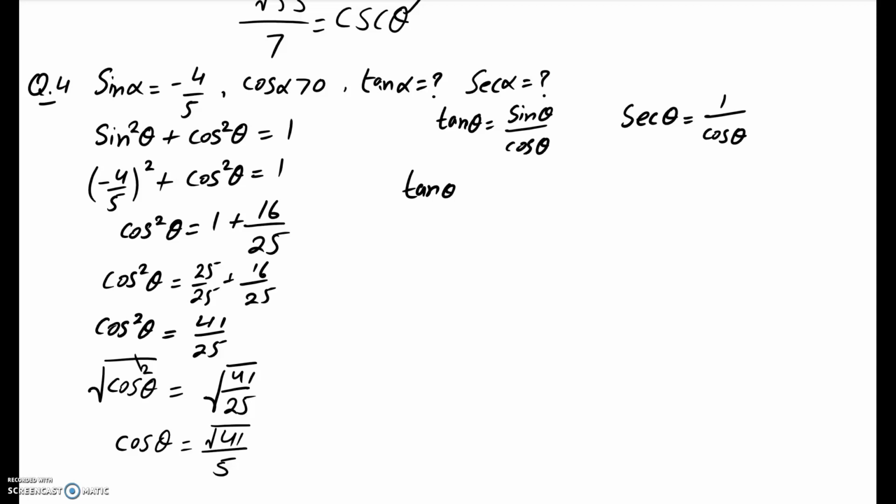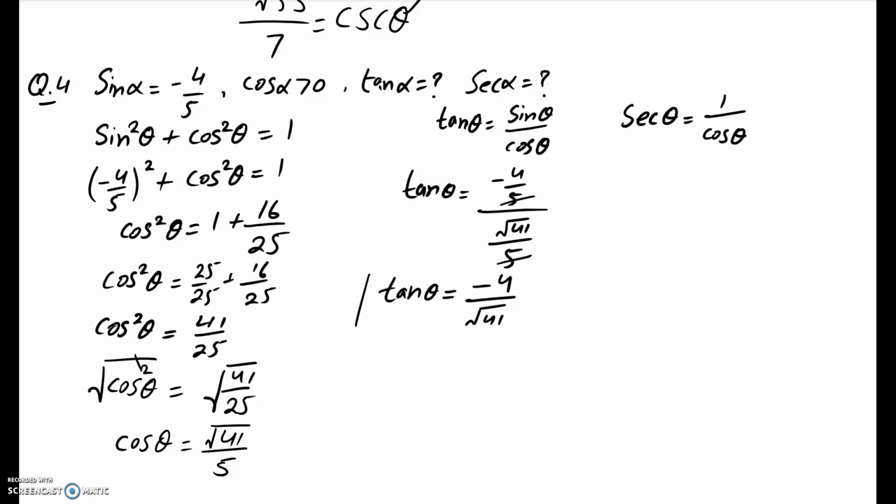Tan theta equals the sine theta value, negative 4 over 5, over the cos theta, square root 41 over 5. Now simplify this fraction. 5 and 5 cancel out, and now tan theta equals negative 4 over square root 41.